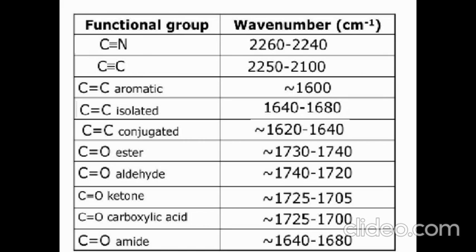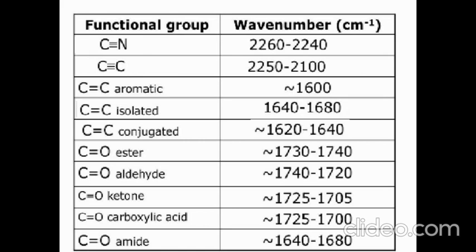Now one of the very important functional groups which can be easily understood by referring to the peak position in the IR spectrum is the various types of C double bond O. This C double bond O can be present in various functional groups, like ketone, aldehyde, carboxylic acid, ester and acid halide. All these can be well understood by referring to the group frequencies of those functional groups.